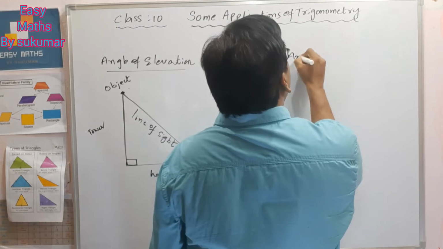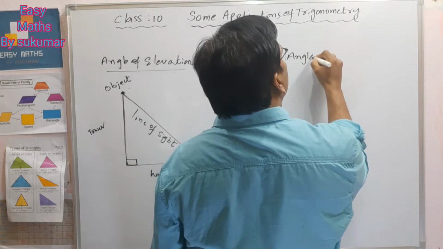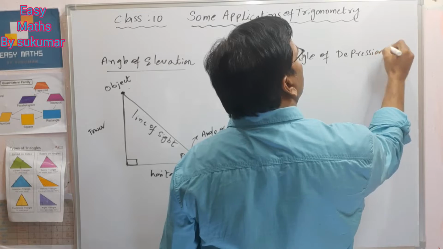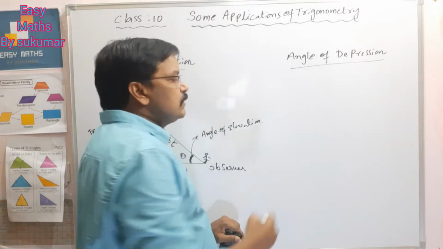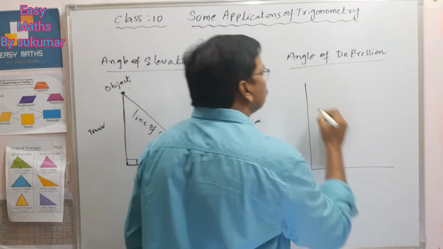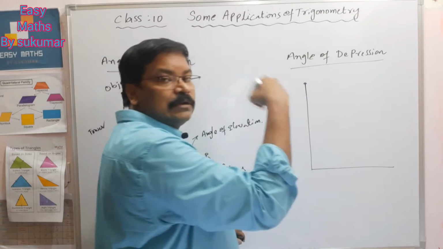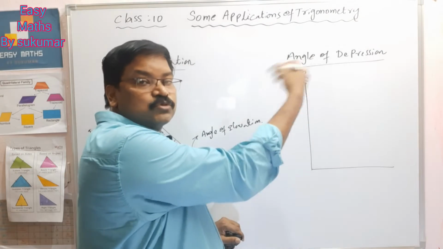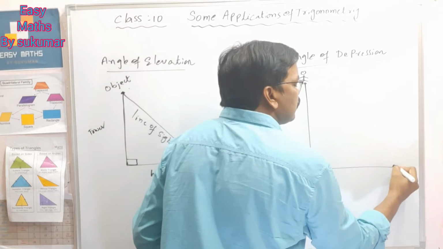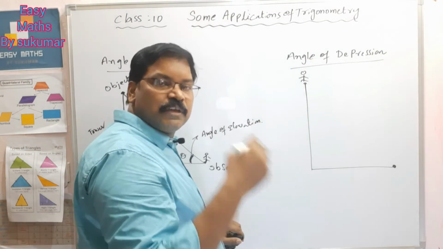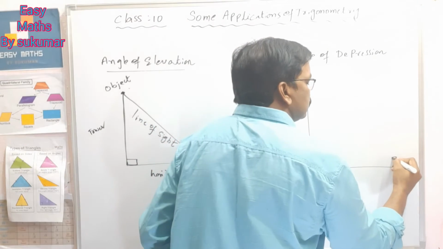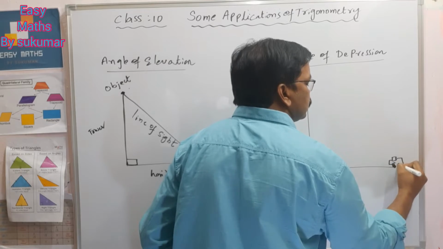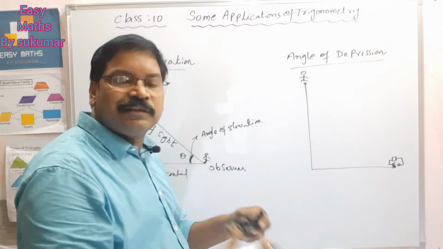Similarly, coming to the angle of depression, just imagine, my dear students, you are now at the top of your school building, and you are observing a car which is parked on the ground.